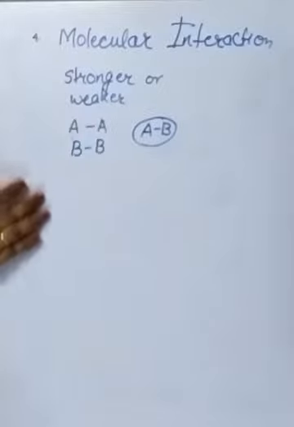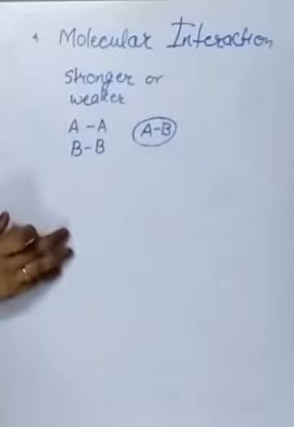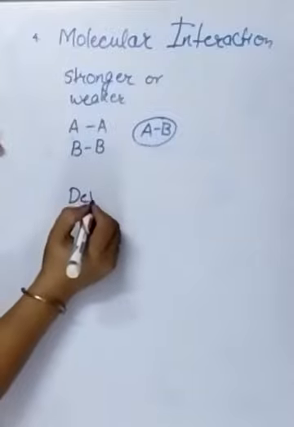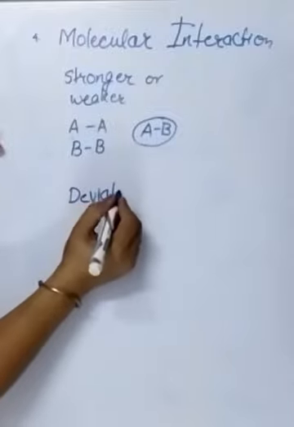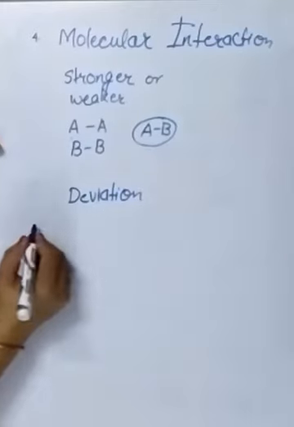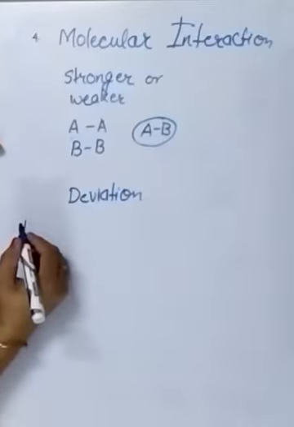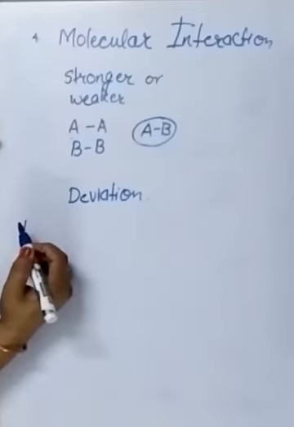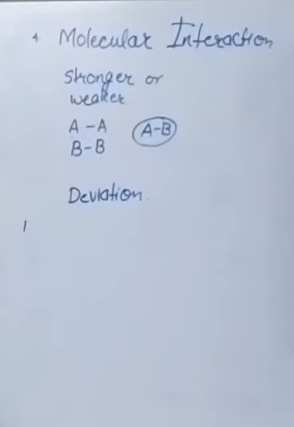So we'll see that it is showing deviation from Raoult's law. It is not following Raoult's law, it shows deviation. So it shows either positive deviation or negative deviation: a non-ideal solution following positive deviation or showing negative deviation.